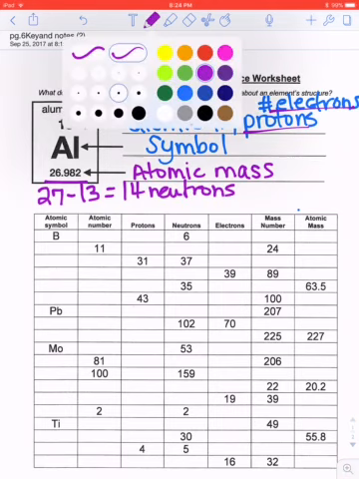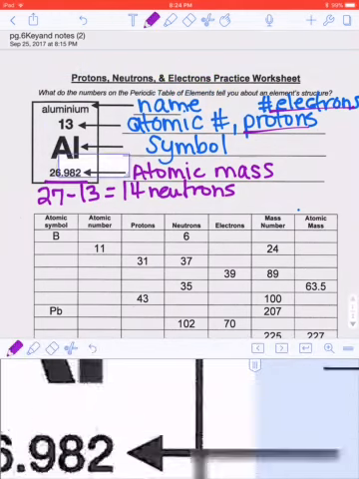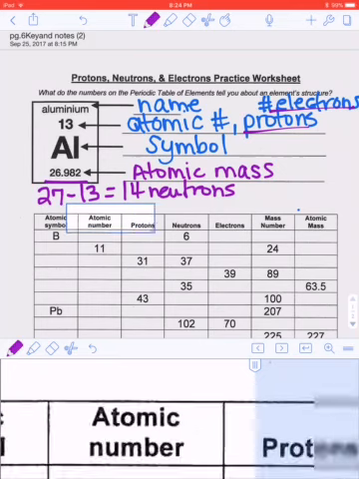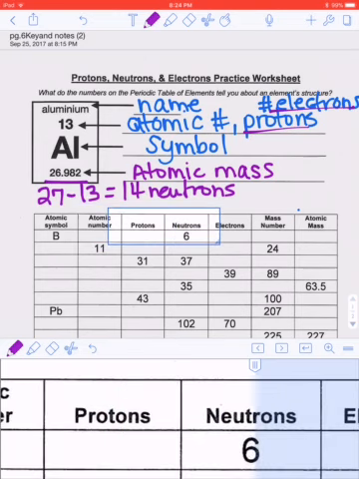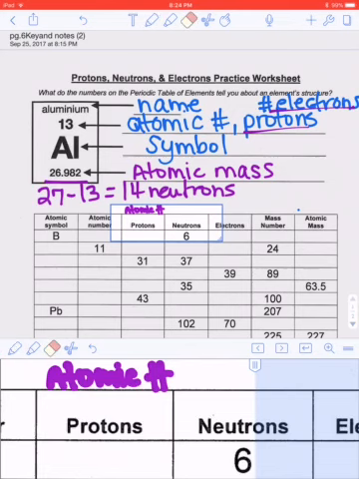So, as I said, I'm going to zoom in so I can write this. The atomic number is in the periodic table, okay? So, the number of protons is the same as the atomic number. Sorry, it's hard to read.